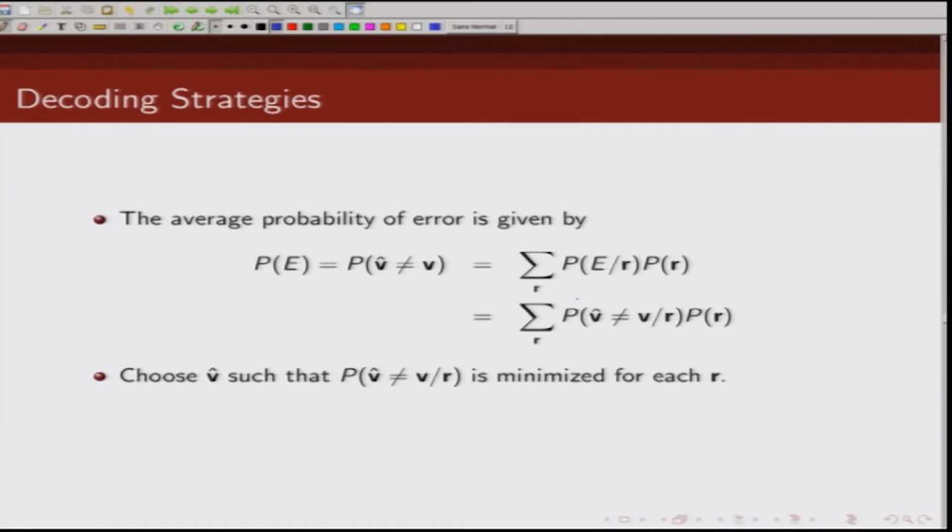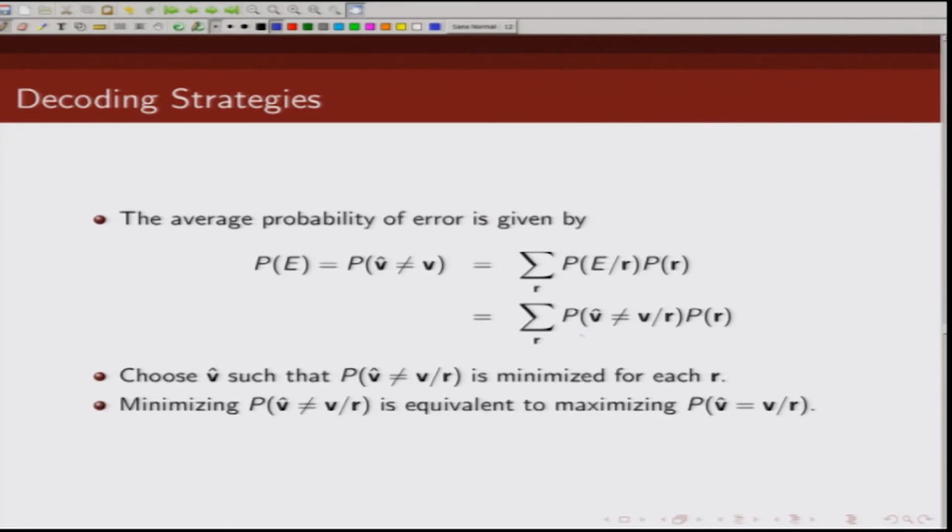Now, whatever V hat I choose, that does not change P of R. So, the choice of decoding rule does not change my P of R. In other words, if I have to minimize the probability of error, I should choose my V hat in such a way that this is minimized for each receive sequence R. Okay.